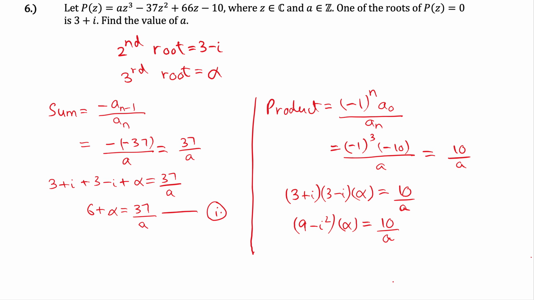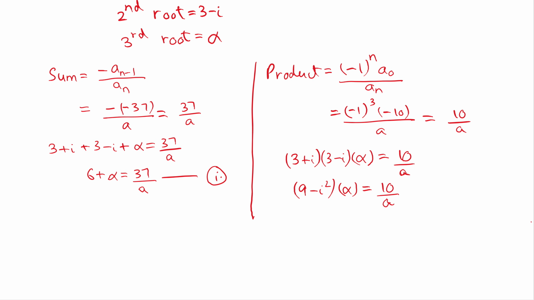Now i squared is equal to negative 1. So negative 1 times negative will make it positive 1. So 9 plus 1 is 10. So we're left with 10 alpha is equal to 10 upon a. From here we can cancel the 10. So we're left with alpha is equal to 1 upon a. And this is the second equation that we've derived.